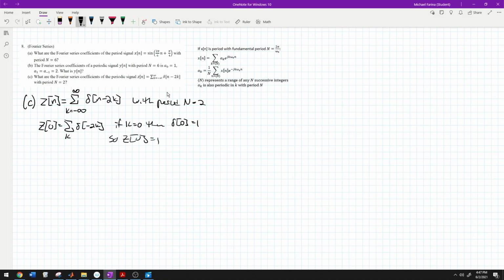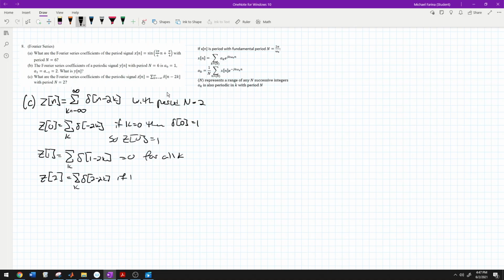equals 1. If we did z of 1, we get the sum over k of delta of 1 minus 2k, and that's equal to 0 for all k. And then z of 2, that's equal to the sum over k of delta of 2 minus 2k.